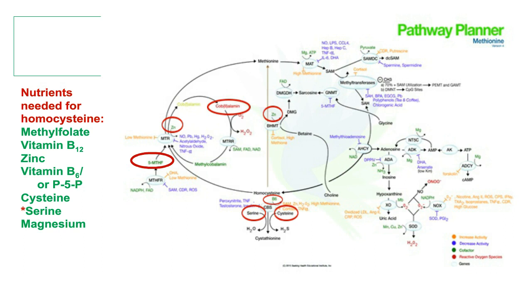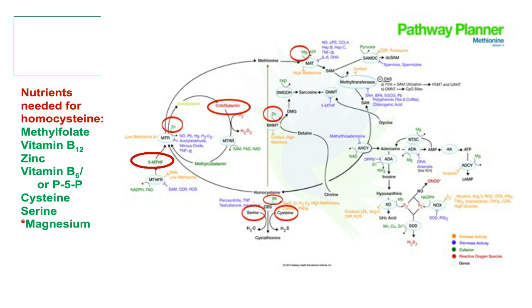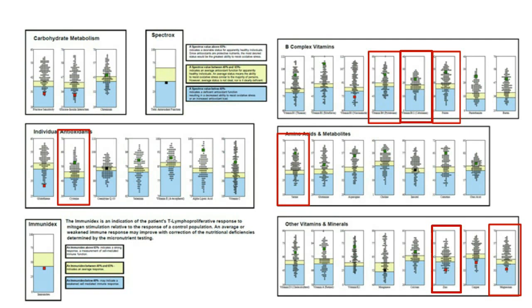And then the very last one on our list is magnesium. It's way up at the top next to the MAT enzyme, and it is required as the cofactor for that MAT enzyme to occur. And when we put all of these together on a micronutrient test, I've outlined in red these different nutrients.